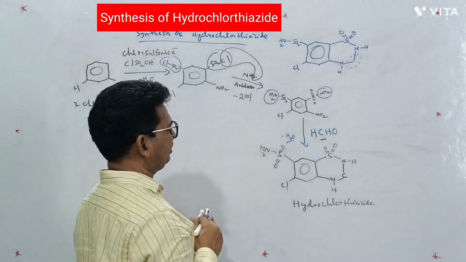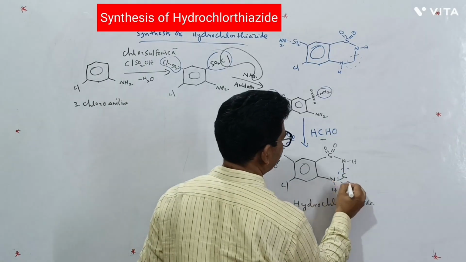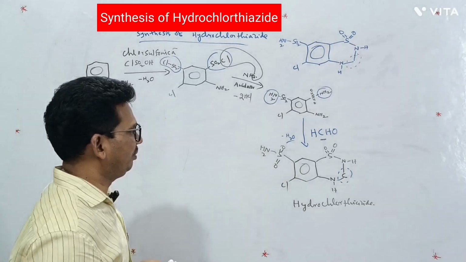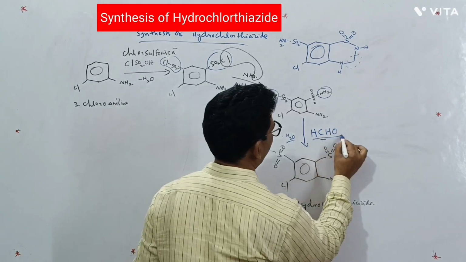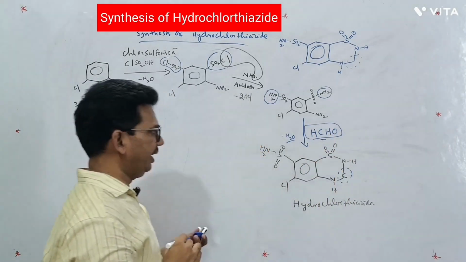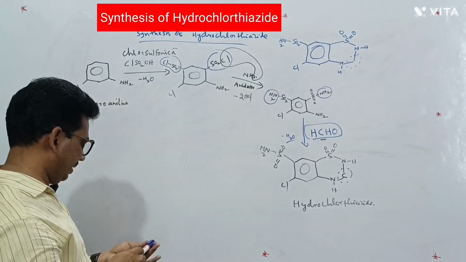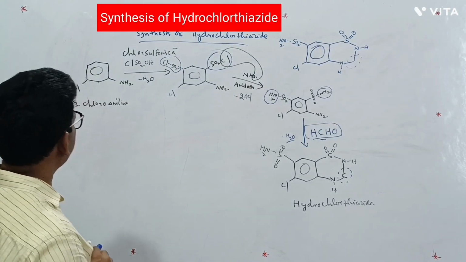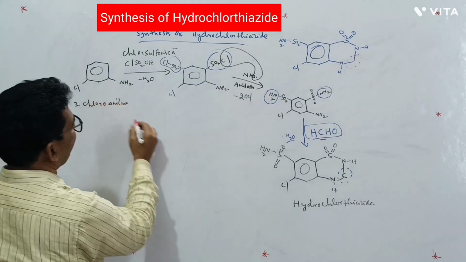What new thing did we get in this structure? It is cyclized. It introduces the carbon with the help of formaldehyde. Just remember that, don't be confused. Initially 3-chloroaniline is required.